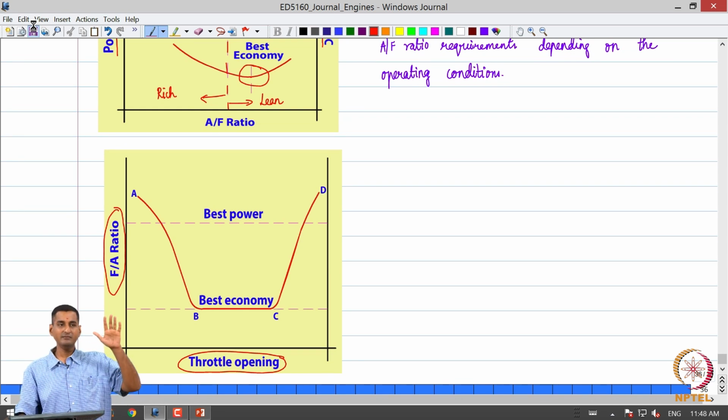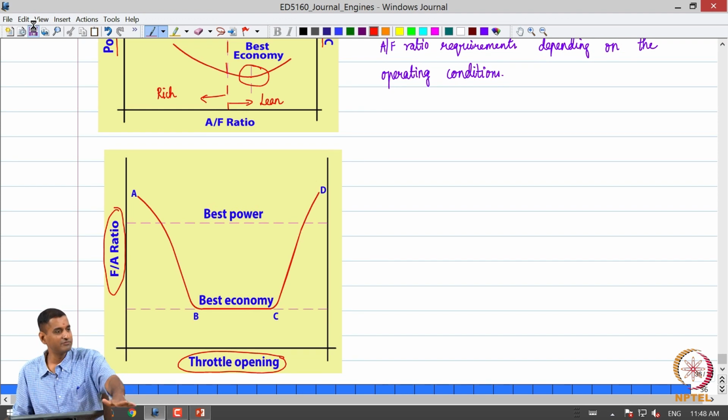The throttle opening goes from nearly 0, when you do not press the accelerator pedal, to flooring the accelerator pedal. The mapping of fuel air ratio versus throttle opening, in a qualitative sense, follows this profile, given by A, B, C, D.